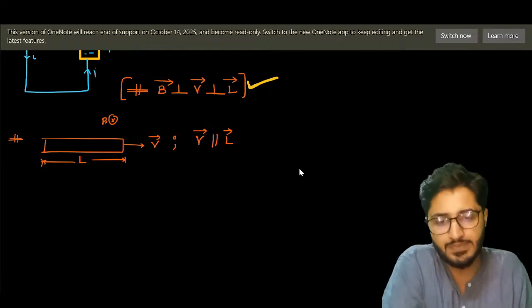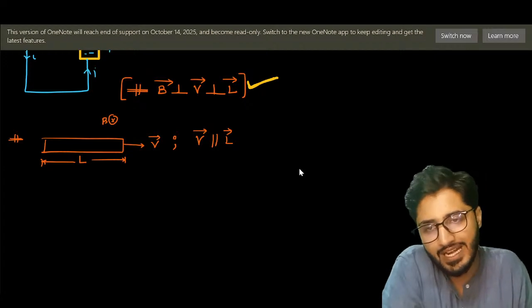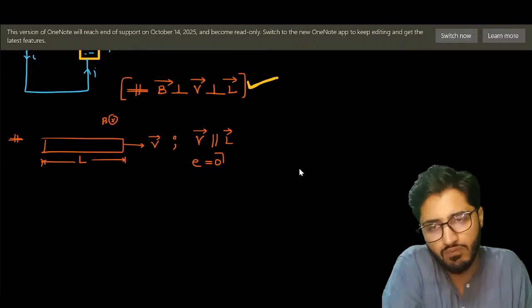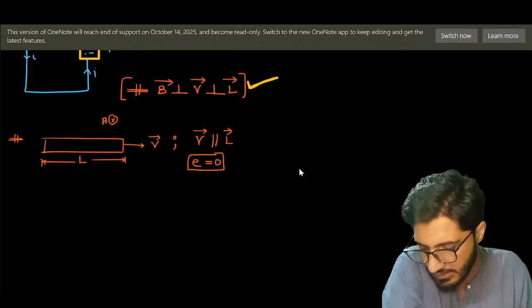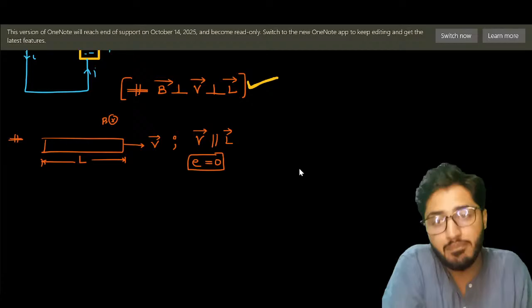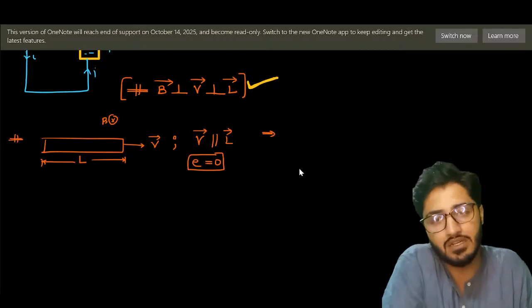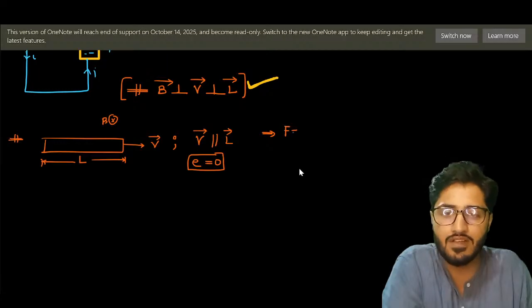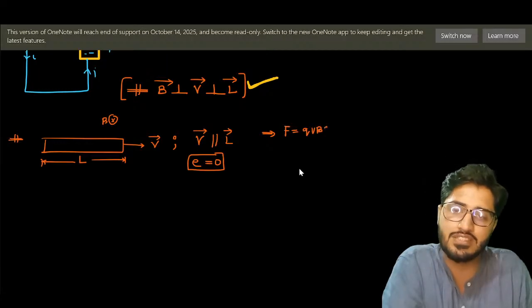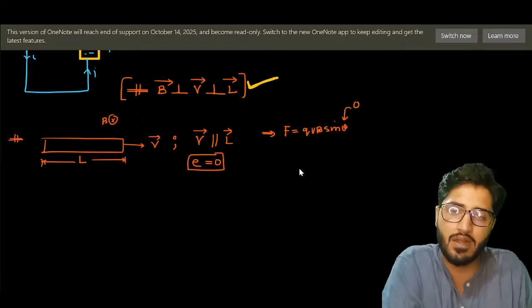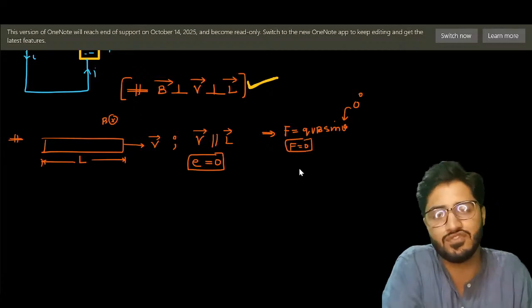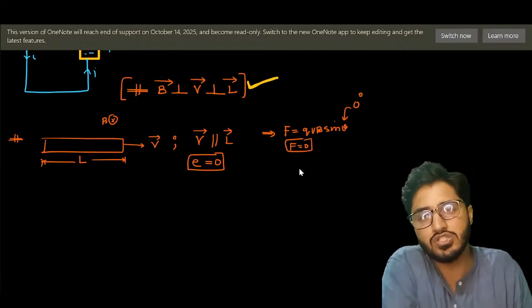So the induced EMF will be 0. Why? Because the force F is QVB sine theta, and if it is parallel, theta is 0 degrees, so F is 0. So E is 0.